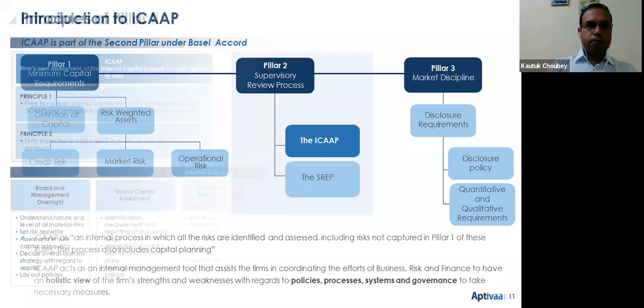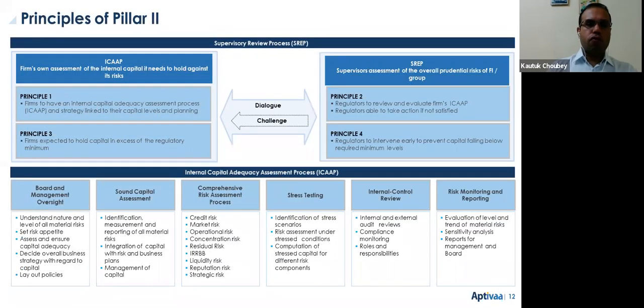Now, moving on to the principles of the pillar two accord. As we spoke, ICAAP and SREP are basically two sides of the same coin, and it's a feedback or dialogue based process which happens between a financial institution and a regulator.